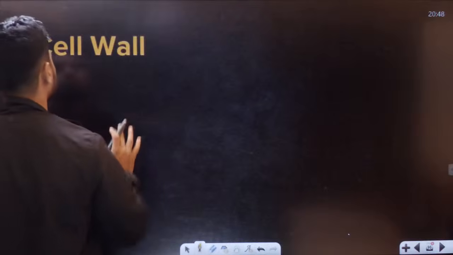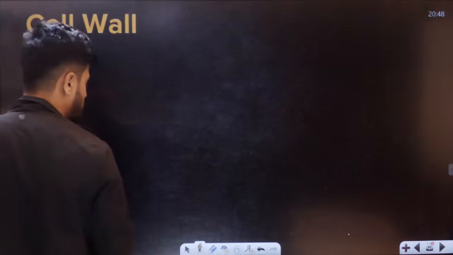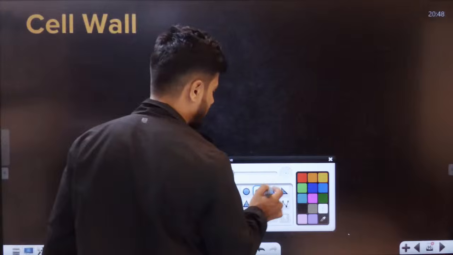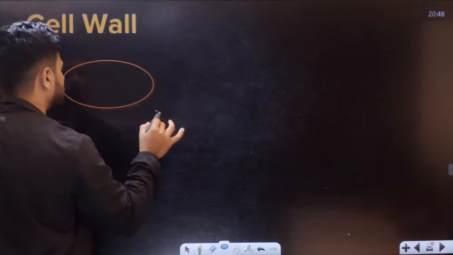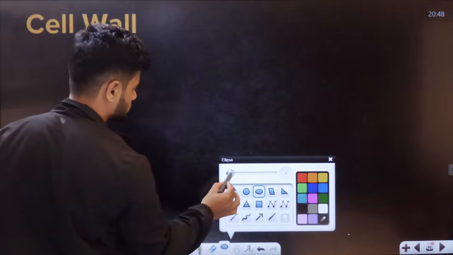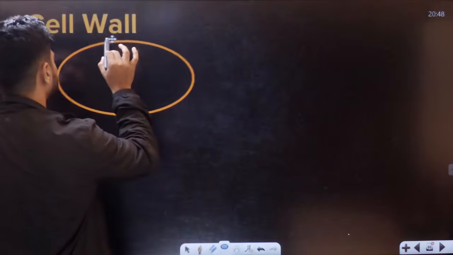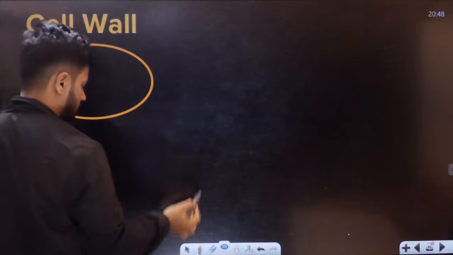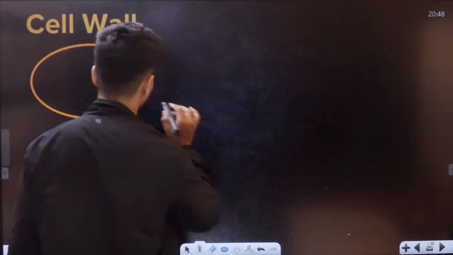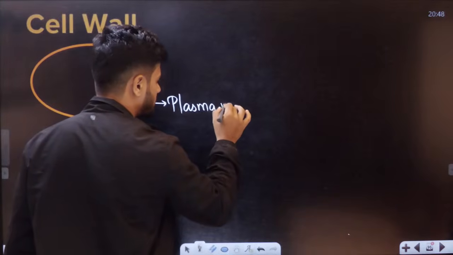In the case of algae, do you have a plant cell or an animal cell? We generally have a plant cell. Let's say this is a plant cell right now, and this is the plasma membrane.